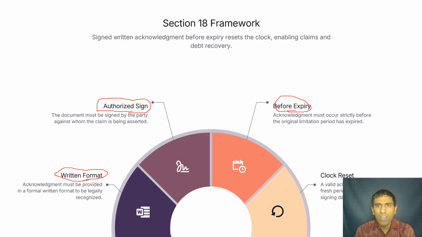But that said, the requirement also says that if the limitation period was say 3 years from the time the loan happened or whatever debt was incurred, the acknowledgement must be written and signed before the expiry of said limitation period. Once this is done, there would be a clock reset, as in a fresh limitation period would start from the date of the signing of said acknowledgement.